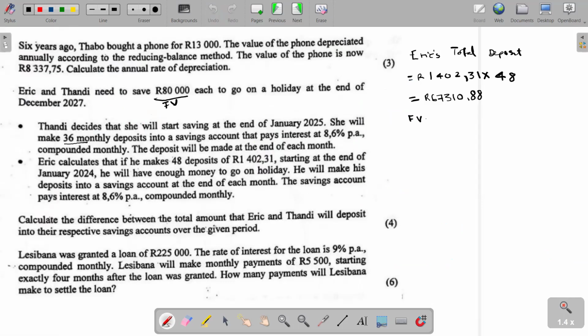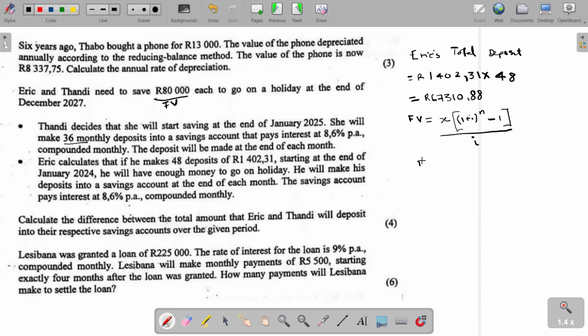So let's copy the formula: FV equals X, which is the monthly deposit, then a bigger bracket, smaller bracket, we are going to have 1 plus I to the power n, minus 1, all over I. Then we check what the future value is: 80,000.